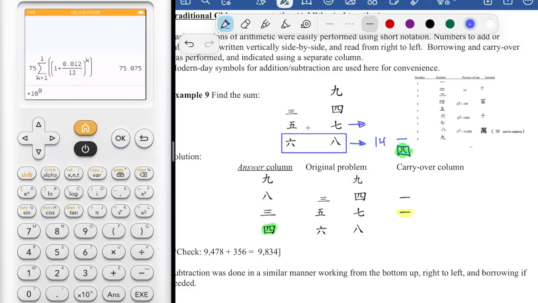That gives me a 12, but then I have the additional carryover, so that's going to give me 13. Let me change the color here.